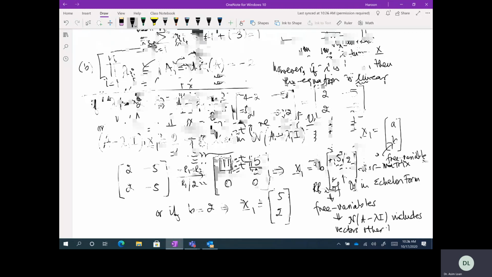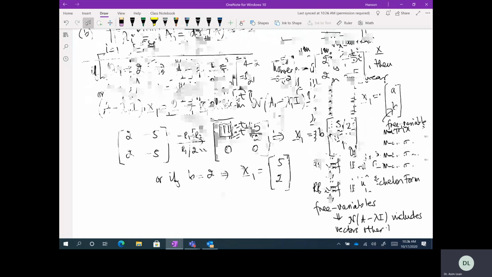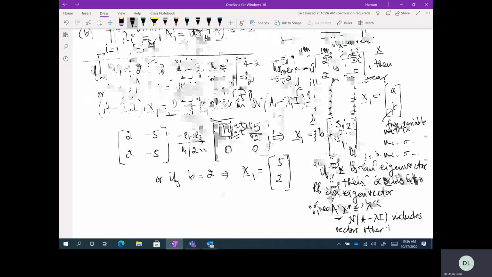So remember this thing: if x is an eigenvector, then alpha times x is also an eigenvector. Why? Because Ax equals lambda x.